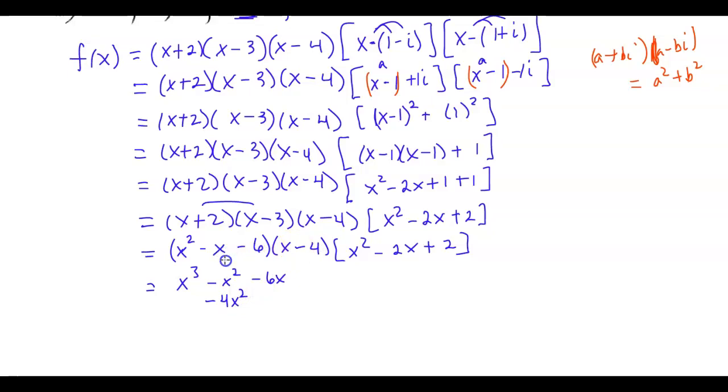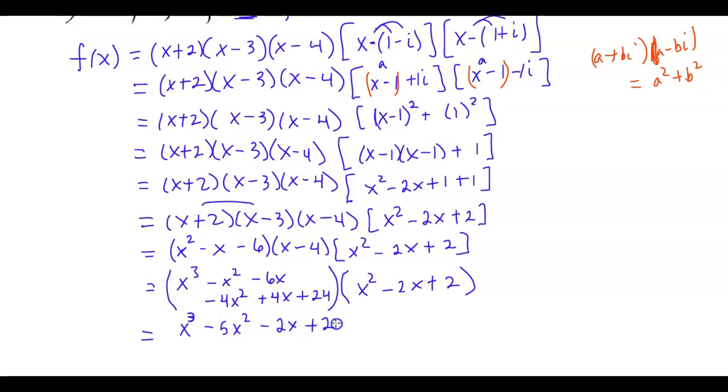Negative 4 times negative x is a positive 4x. And negative 4 times negative 6 will be a positive 24. I'm writing it like this so that in my next step, I can just add vertically like we did in grade school. This will give me x cubed minus 5x squared minus 2x plus 24.